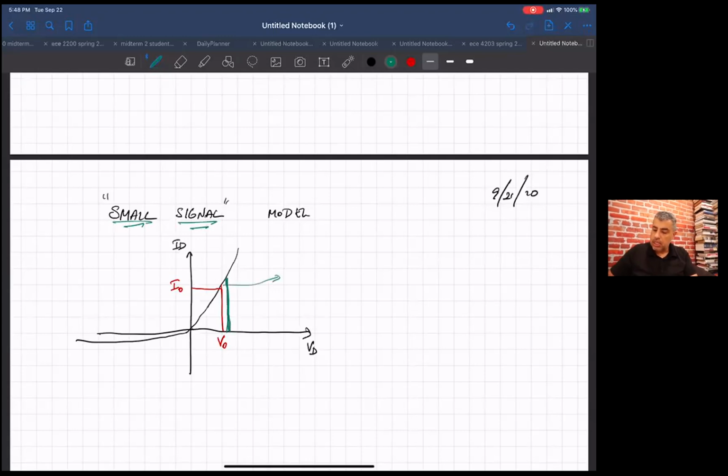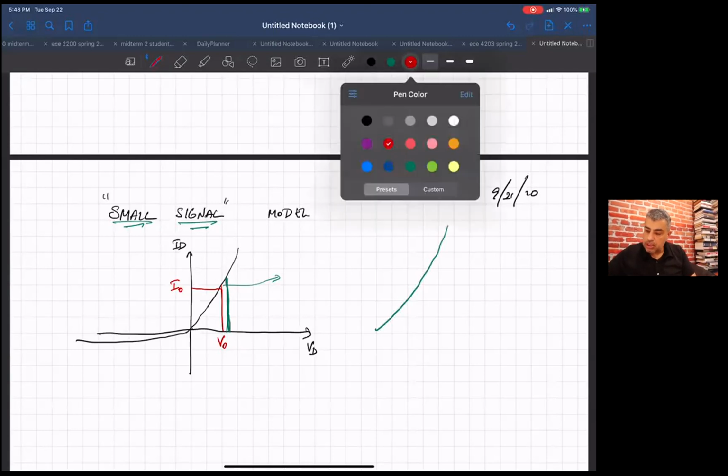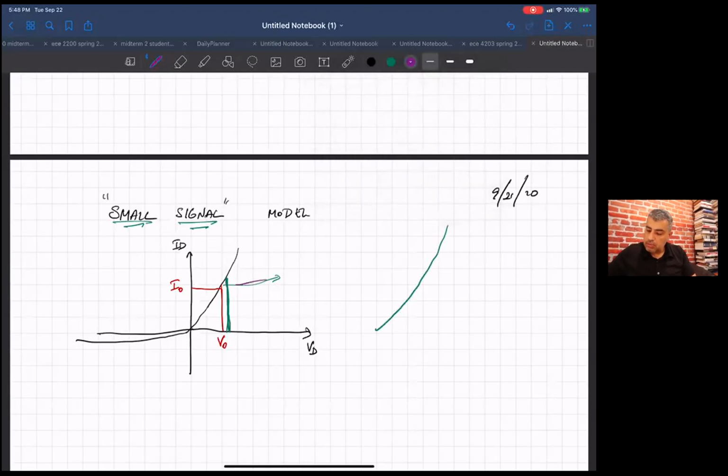and I look at just this part of the circuit, let's say this is a zoomed in version, this was I sub 0, and this is I sub 0 prime, and this was V sub 0, and this is V sub 0 prime.